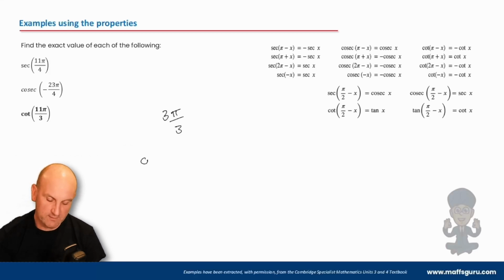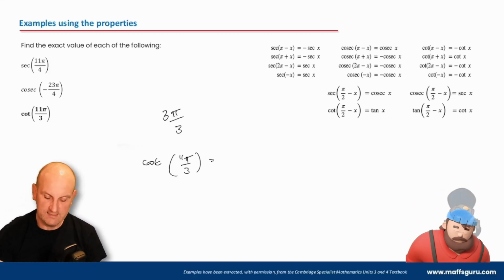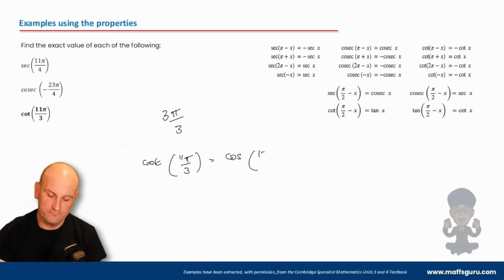So I can now write that the cot of 11 pi on 3 is the same as the cot of 12 pi on 3 minus pi on 3. Well, 12 pi on 3 is basically a multiple of pi, so that goes.